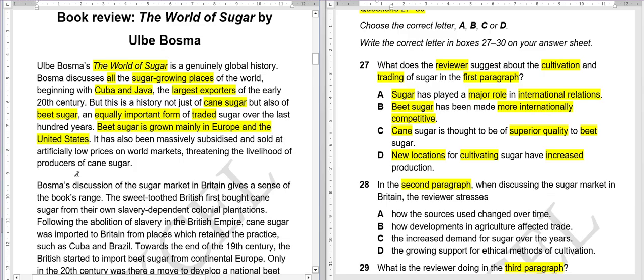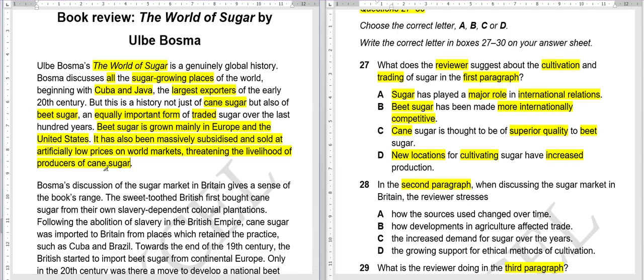It has also been massively subsidized and sold at artificially low prices on world markets, threatening the livelihood of producers of cane sugar. Here it obviously refers to beet sugar, which has been massively subsidized, meaning a government is paying money to the growers, and it is sold at low prices on the world market. That's why it is threatening the livelihood of cane sugar producers.